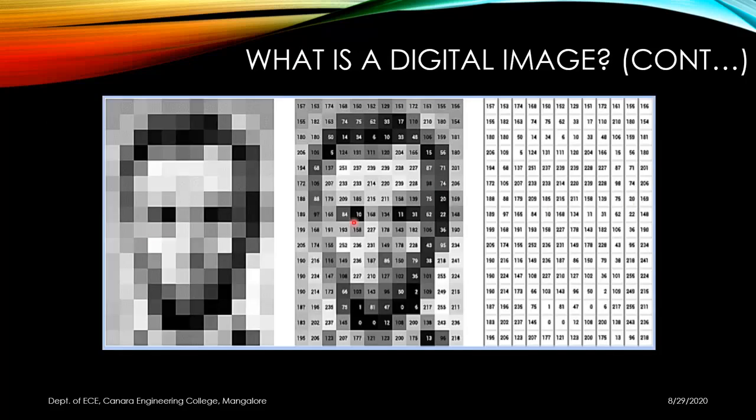It's only a representation of a pixel with some value, and in order to do any operation on the image, all that matters is the values. So it's a matrix of pixel values in the x and y direction, and an image is a two-dimensional signal.